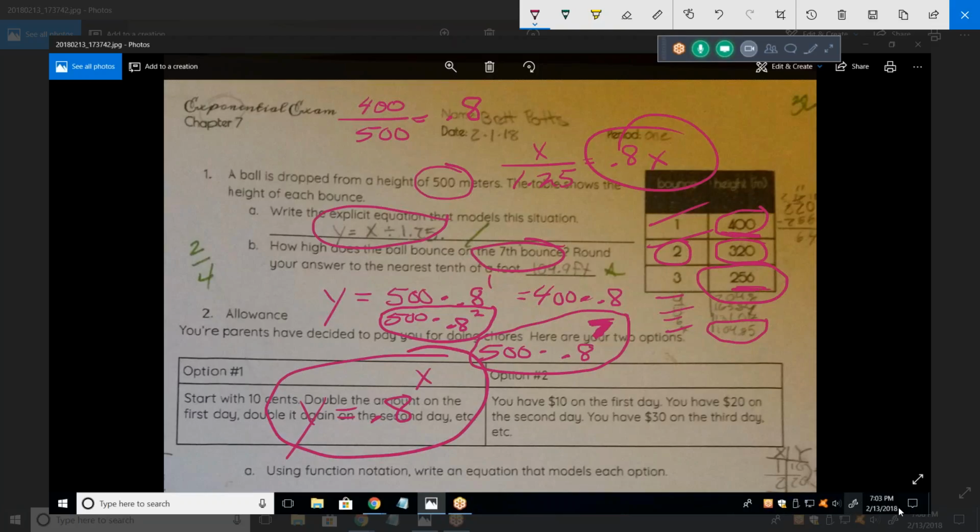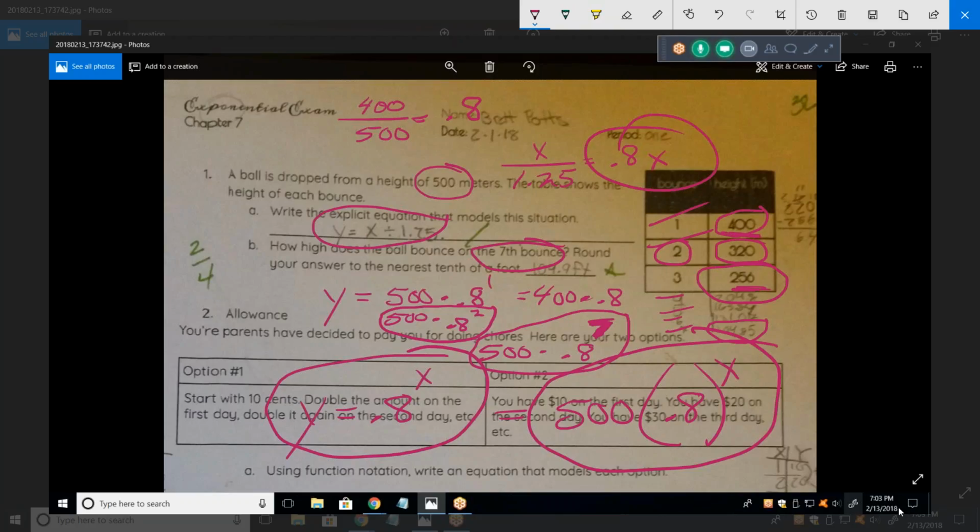It's not x divided by 1.25, it's, excuse me, it's 500 starting height times 0.8 to the x power. That's what you really should have put in for answer A.